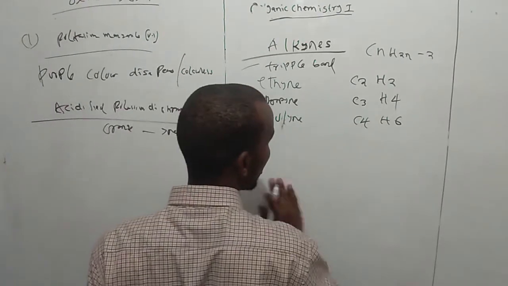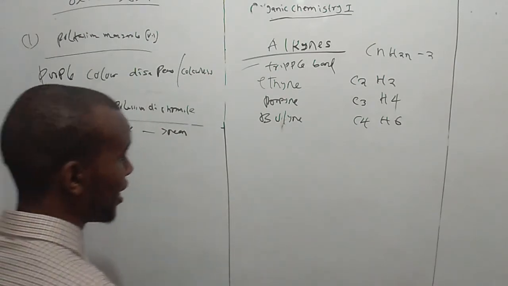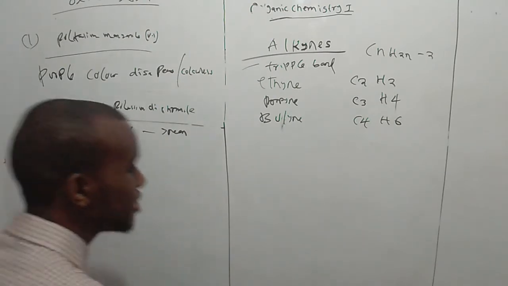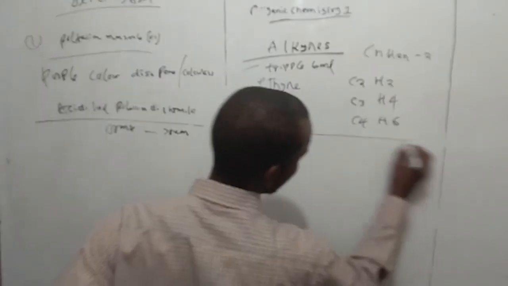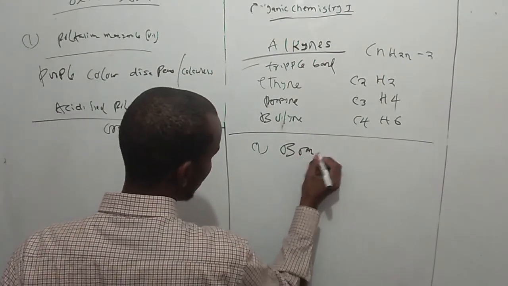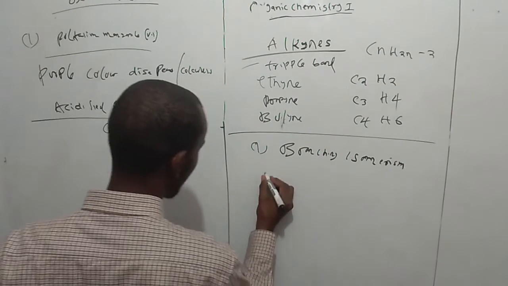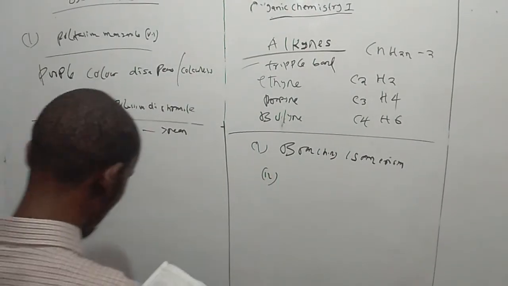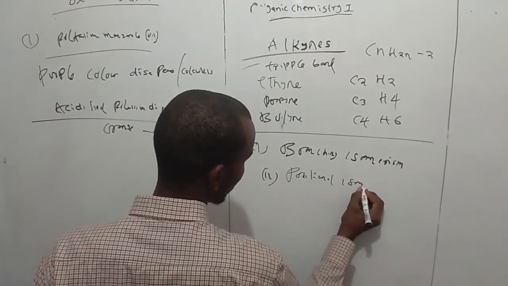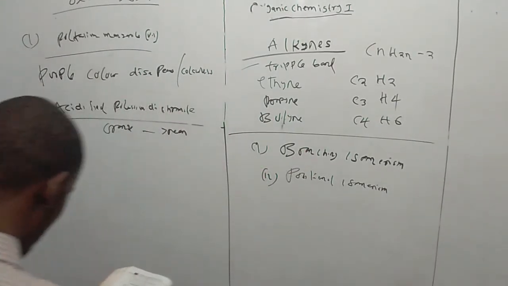I'm not going to dwell much on the structure because we have looked at it under alkane and also under alkene. The same with isomerism. We still have the branching isomerism and also the positional isomerism, just the case we have done with alkene.